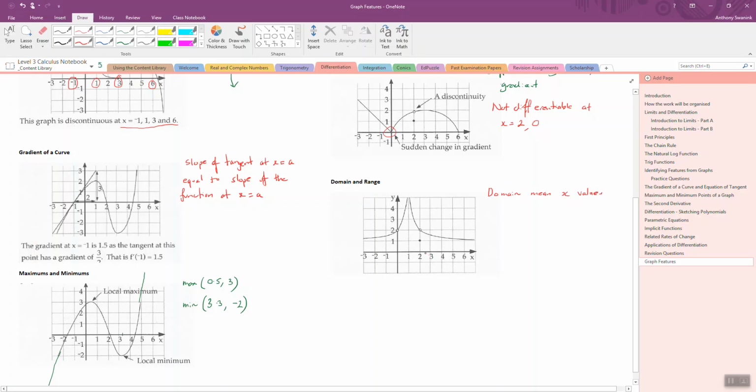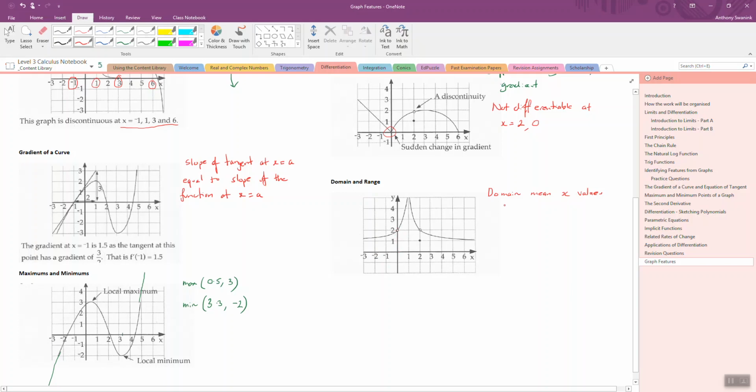Well, you may think, can't you always have x values for every single point? Well, no. In this particular graph here, you might notice there's a hollow dot here when x is equal to 0. So there's no defined function value when x is equal to 0.